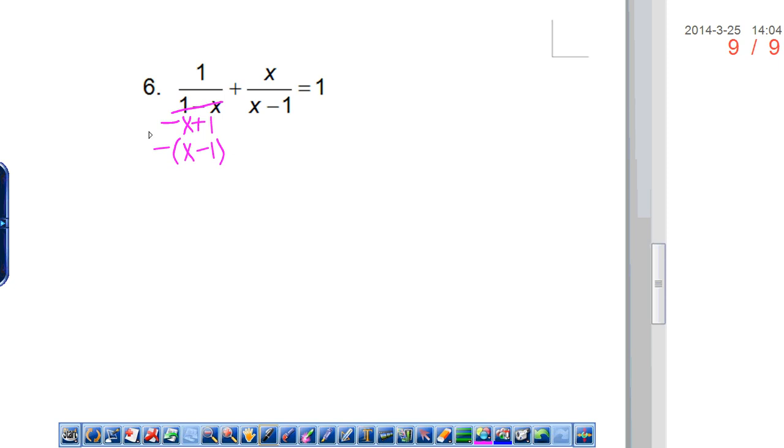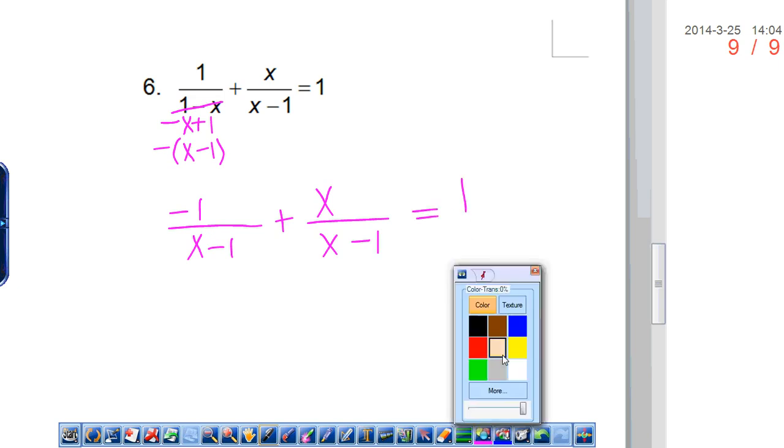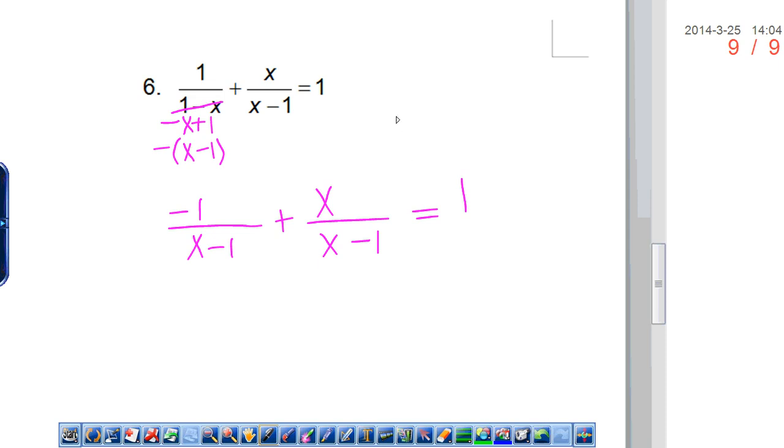Okay, so I'm going to rewrite this. I'm going to take my negative and put it up on the top. So I'm going to write this as negative 1 over x minus 1 plus x over x minus 1 is equal to 1. Okay, so what would our LCD be? X minus 1.